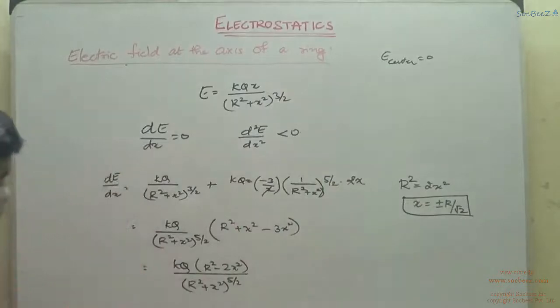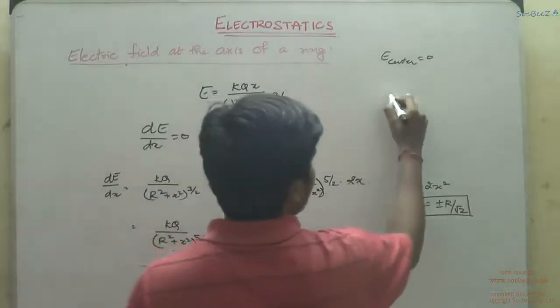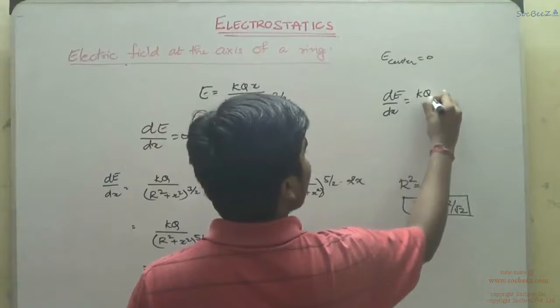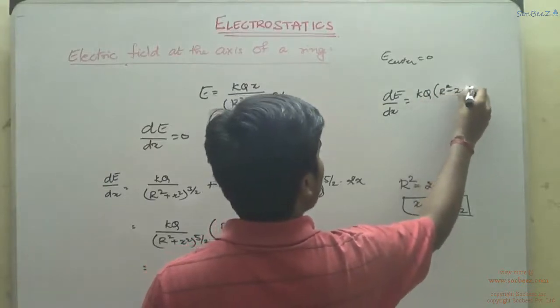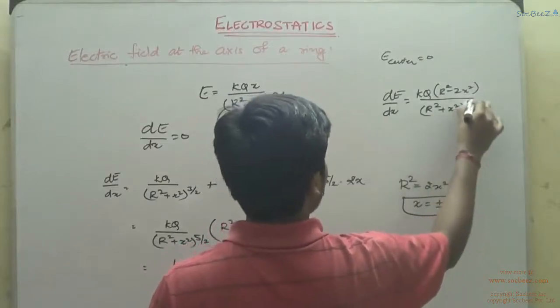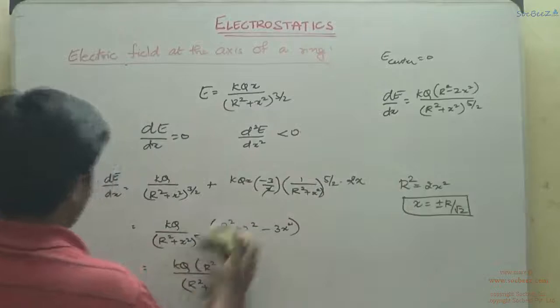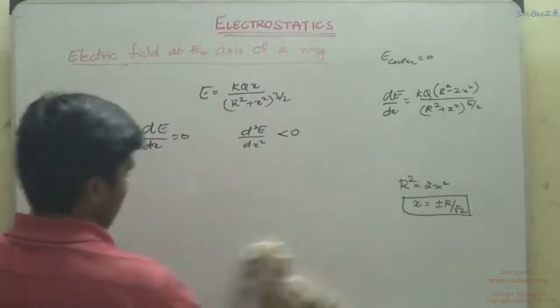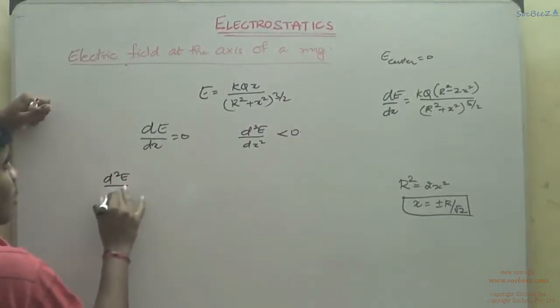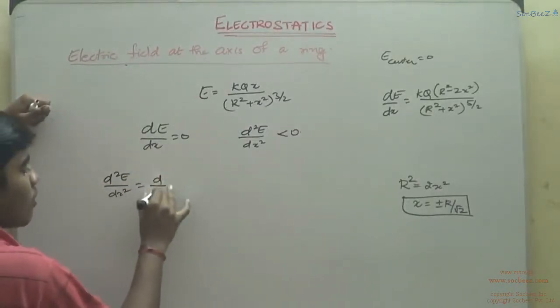Now, let us check the second differential, that is d square E by dx square. Let us write this somewhere here. We said that dE by dx is equal to kq times r square minus 2x square by r square plus x square power 5 by 2. Now d square E by dx square would be equal to d by dx of this.